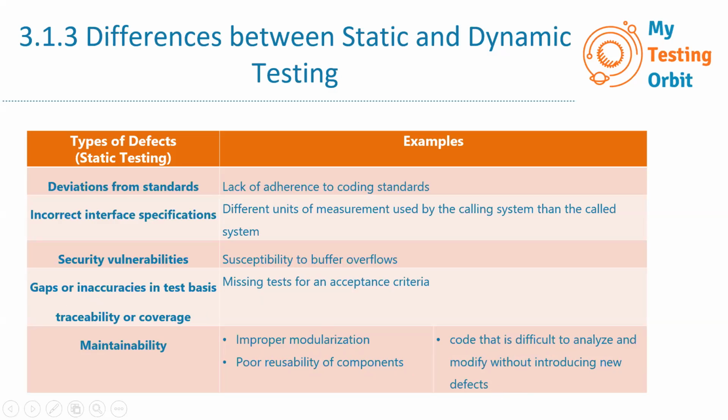So in the last session, we covered maintenance testing, and we also understood the importance of the maintainability of the code. So that's why it's really important that this kind of testing is done, and this is taken care of while writing the code. And these are all the types of defects which can be found only in static testing.